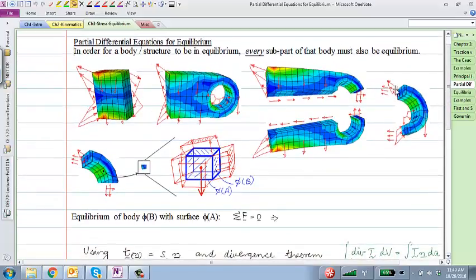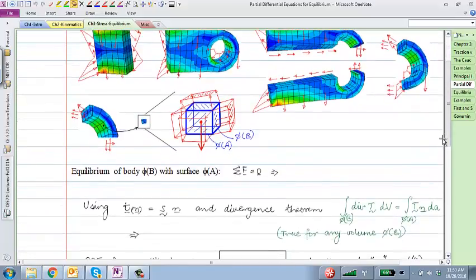You would be able to draw all the external forces acting on that part, both applied loads, tractions that have developed due to the stresses, and body forces. Under the sum of tractions, applied forces, and body forces, the body must be in equilibrium. And every sub part of that body must be in equilibrium for us to be able to say that this holds.